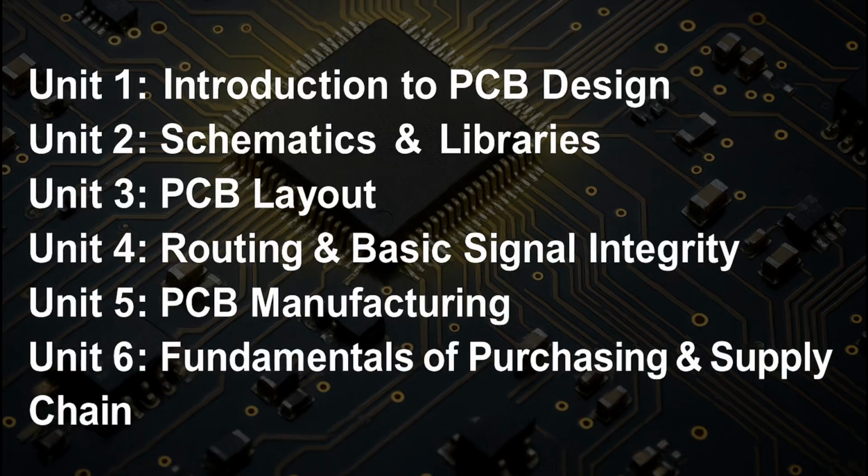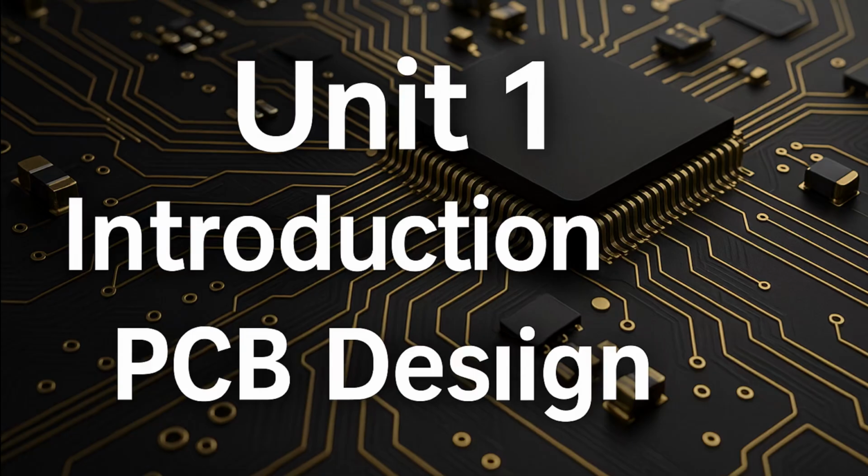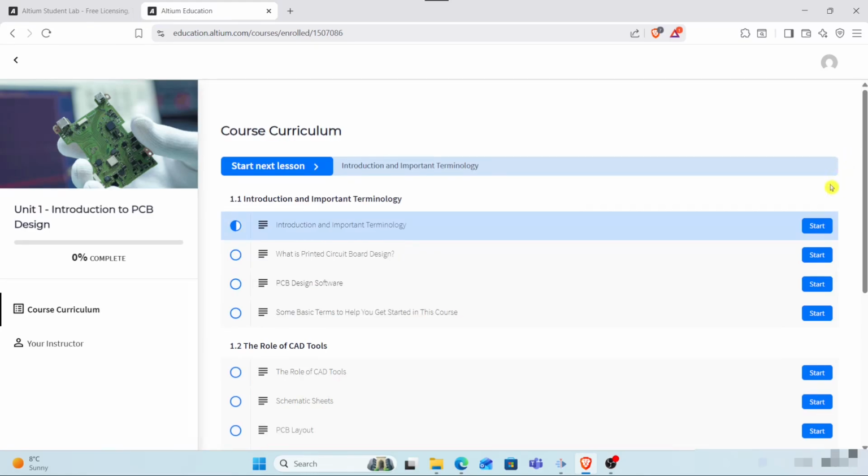Now let's dive into each module and get an overview of the course content. Hopefully it helps you decide if this course is good for you. Unit 1, Introduction to PCB Design. This module is for beginners to help build the foundational understanding of what PCBs are and why design matters.